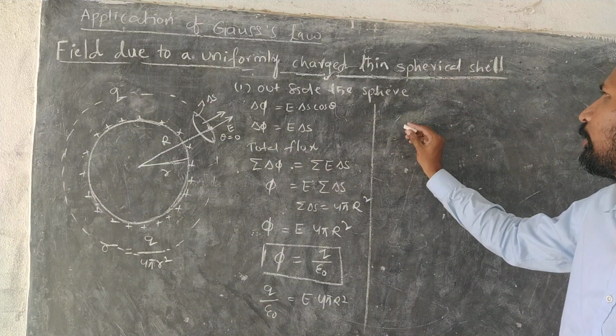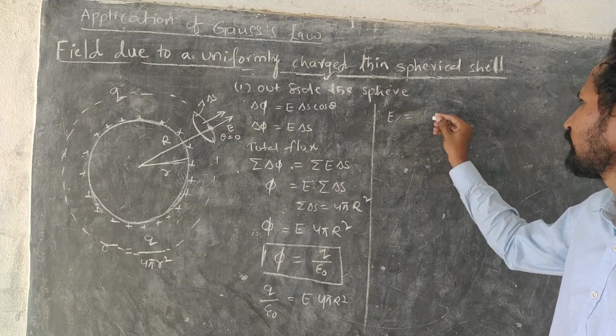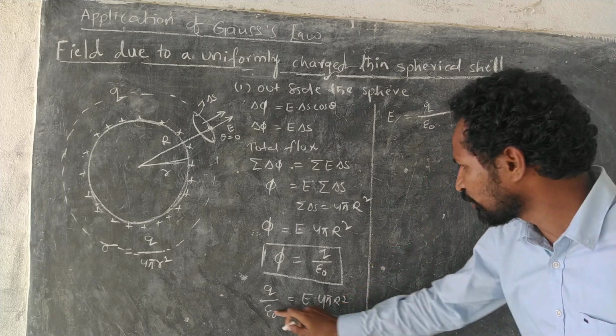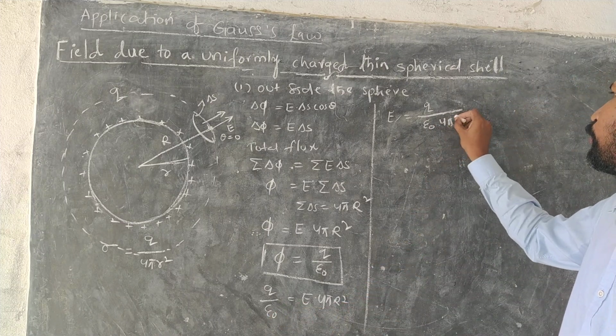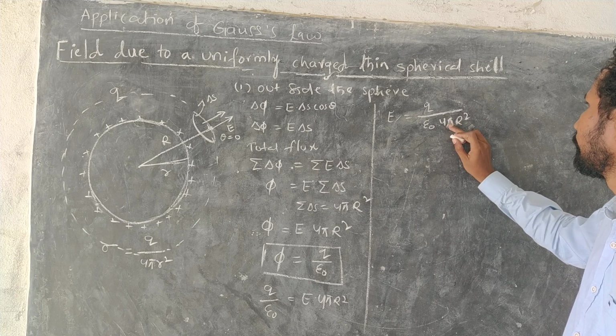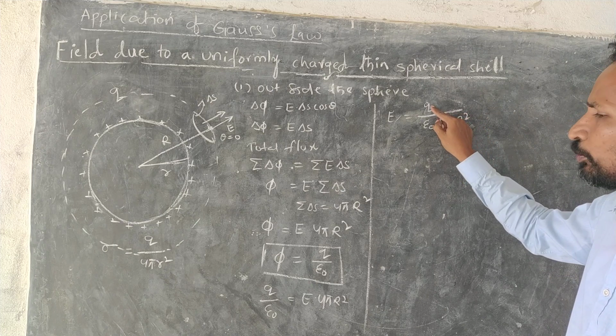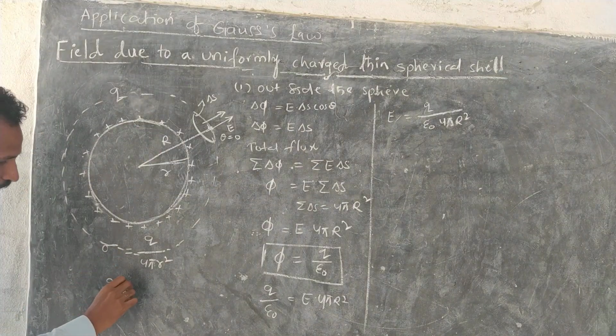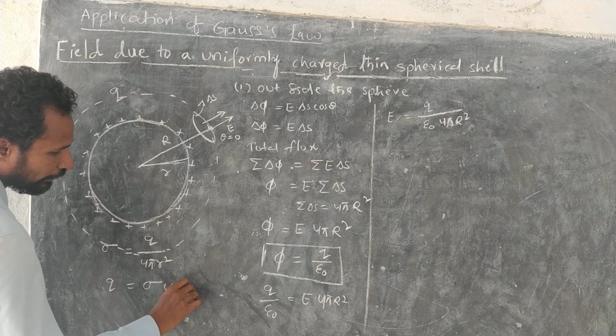Now we are calculating E. Make E the subject: E is equal to q by epsilon naught, and 4 pi R square goes to this side. Now q, from the surface charge density expression, we can write as sigma into 4 pi r square.